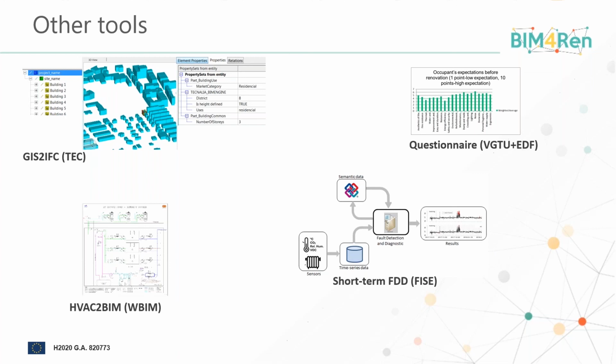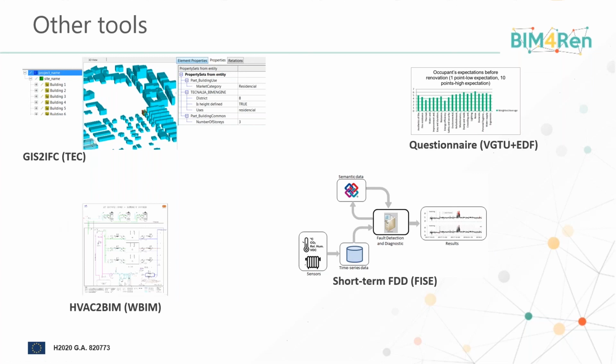With this tool, you can rebuild the context of a building, and that's important to get some information about external masks that, of course, have some influence on the energy performance of the building. And this is done, basically they are extracting information from some GIS sources. There's also the HVAC to BIM by WiseBIM.